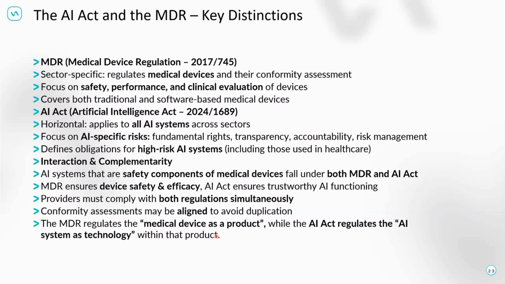So looking into that, if you go from the MDR standpoint and you have a medical device, you build the documentation according to Annex 2 and Annex 3 of the MDR with the relevant standards as shown, focusing on safety, performance and clinical evaluation, efficacy first. Then add the fundamental rights, transparency and accountability into the product, and add it into the risk management, extending the risk management setup and the systematics behind the MDR product to ensure you have those covered as well.